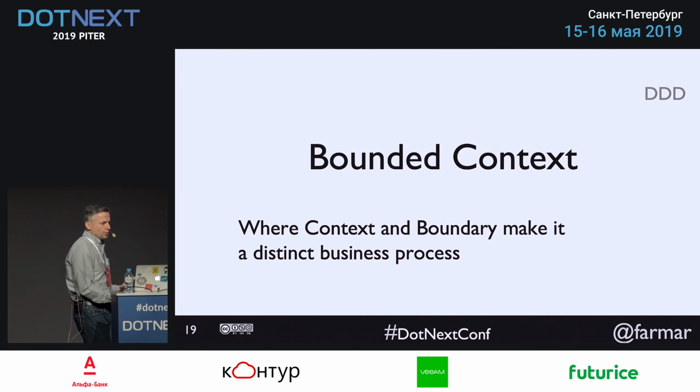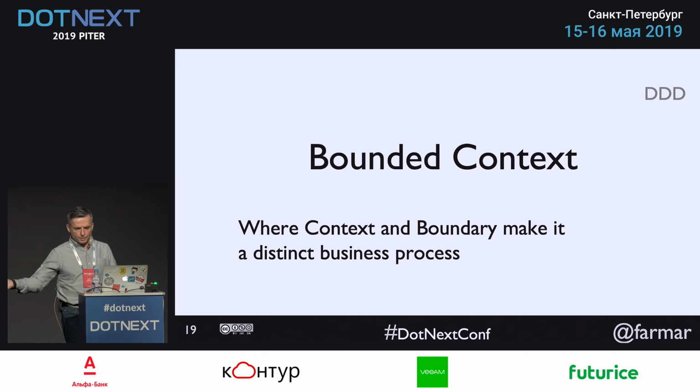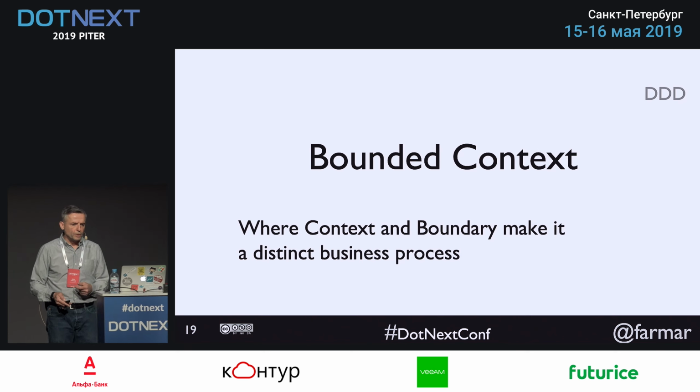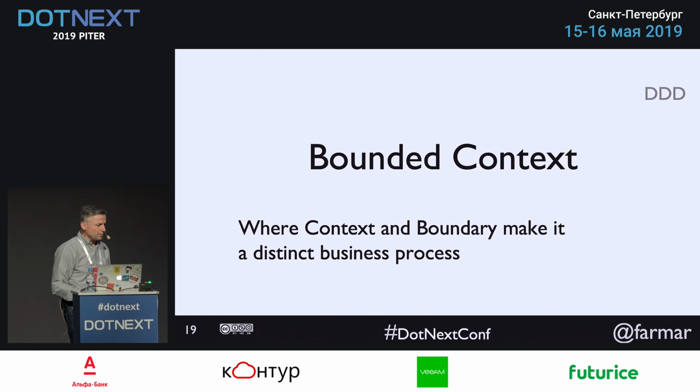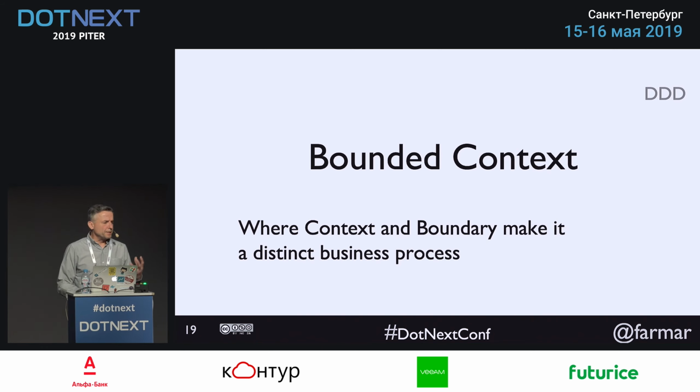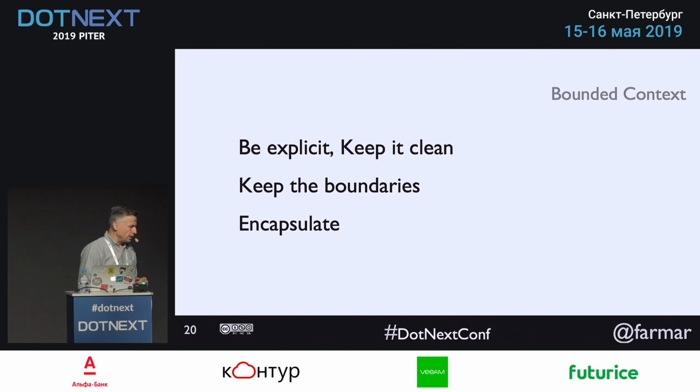And then I could produce events or do some other things in order to communicate that my state has changed. But the most important thing here is that there is a business process. There is something that drives the need for this thing to be there and to live.